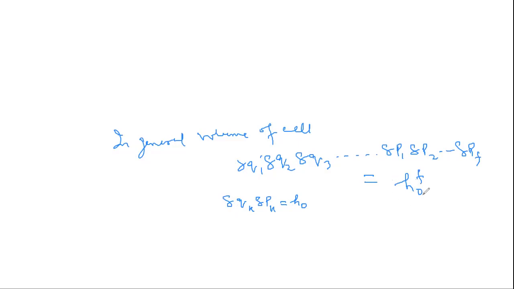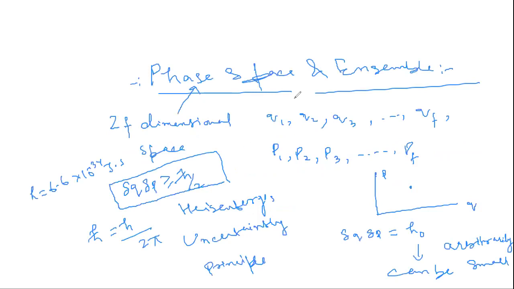In fact, this expression for the volume of the cell in the phase space reduces to the earlier equation when you consider the one-dimensional situation, or 1 degree of freedom situation.